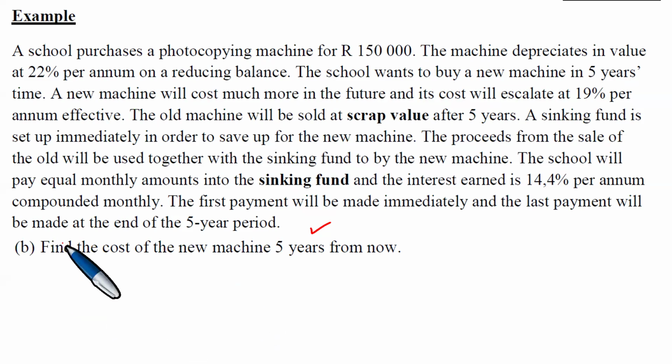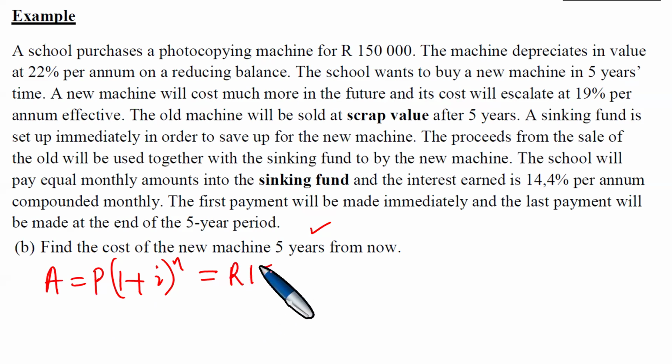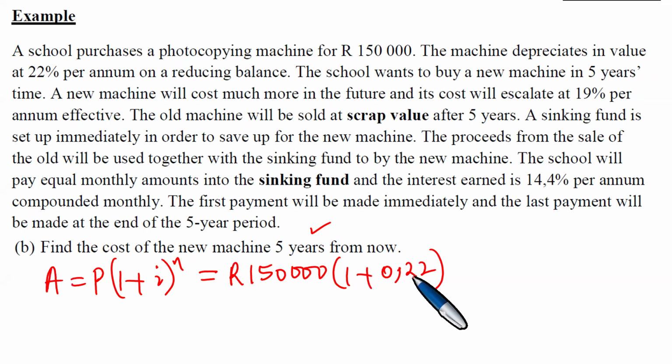The new machine will appreciate, and therefore we use the formula with the plus: 1 plus i to the nth power. 150,000 times 1 plus, you divide the 22 by 100, and we get 0.22, and we raise this to the 5th power. And this is approximately what?